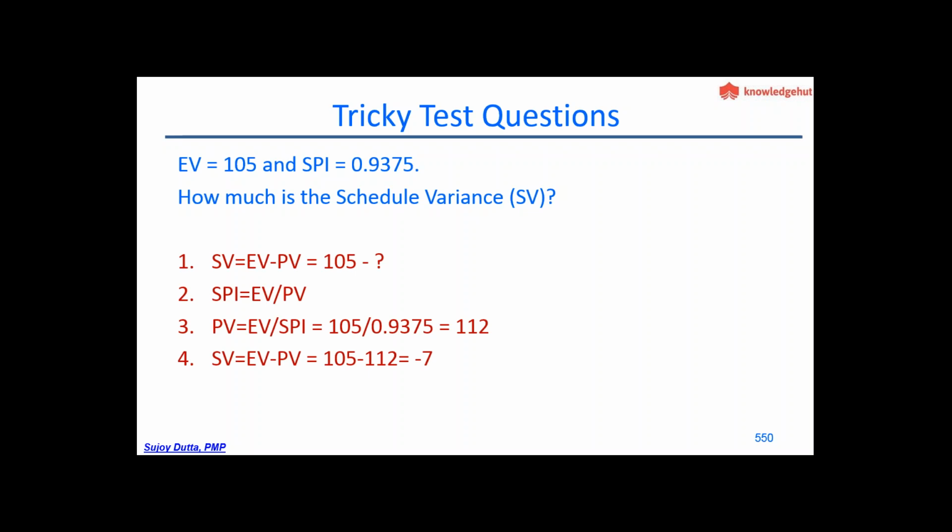Once you get the planned value, then you get the schedule variance. So schedule variance equals earned value minus planned value. So that is -7. It means that you are $7 behind in the current project health check period. So that is the interpretation of the schedule variance.